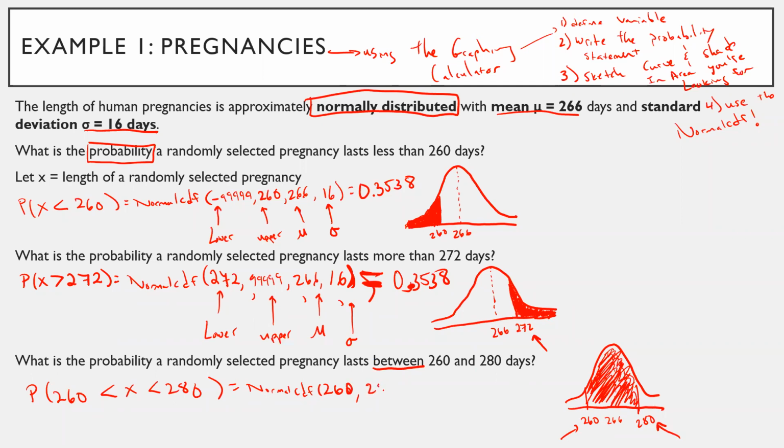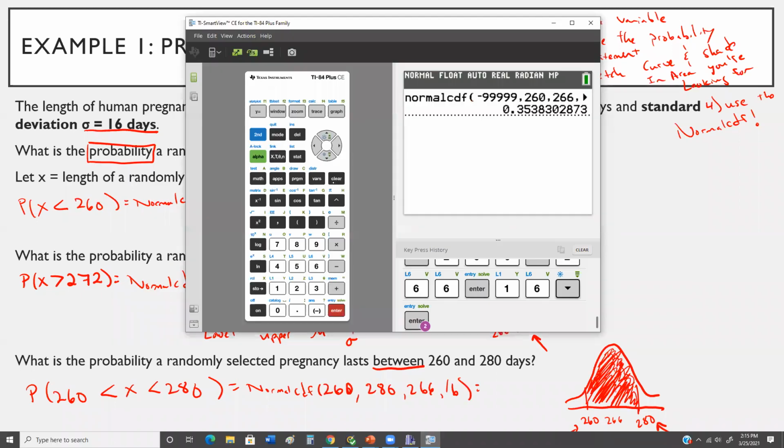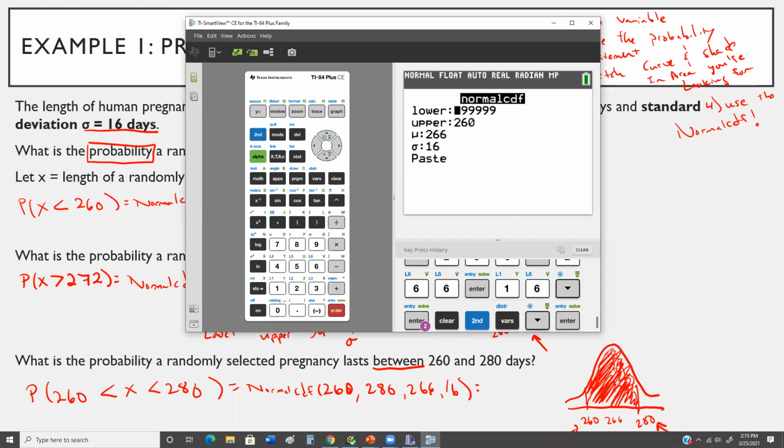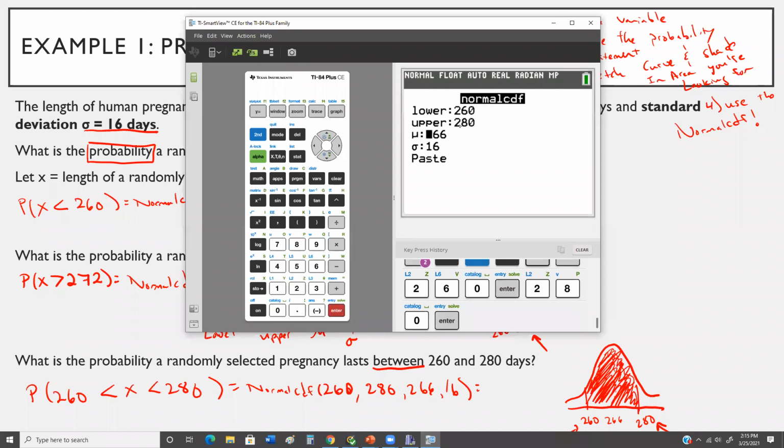Mm-hmm. And then mean, and then standard deviation. So I'll do it on the TI-84 this time. So it's going to go 260 to 280, 266, 16 is already saved in there.